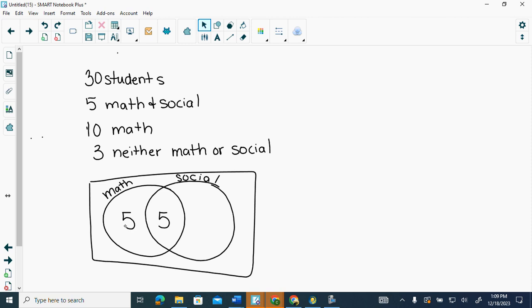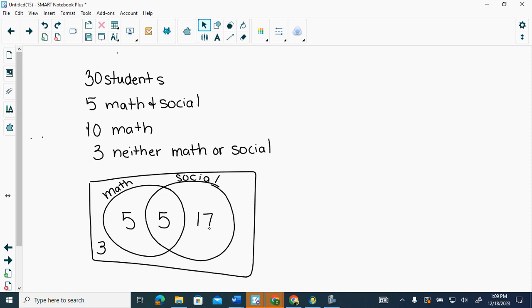Because math doesn't mean math only, it means math, right? So it's a whole math circle. Then I could put 3 on the outside. Then how do I find the people in social only? The numbers you have in there and then subtract out from the total. So I have 13 there, subtract it from the total, and I get 17.